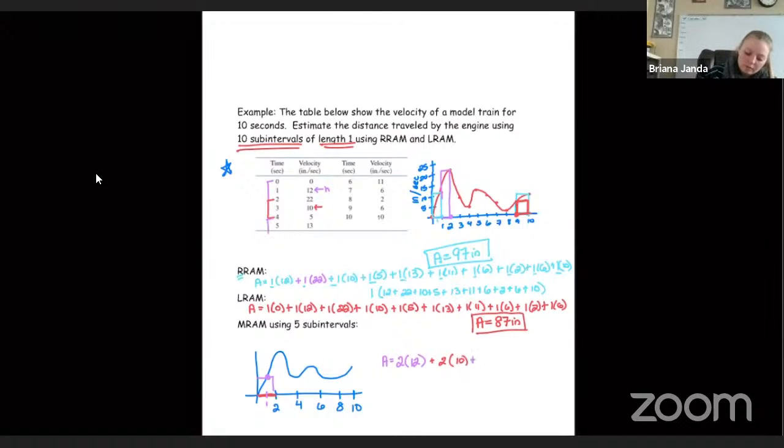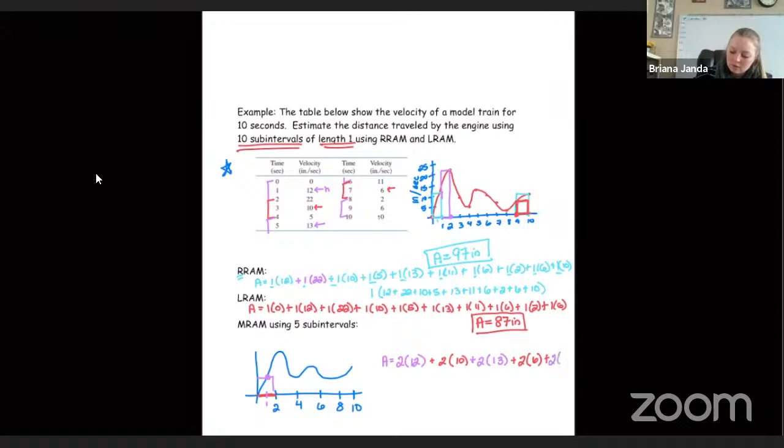Next rectangle goes from 4 to 6. Its midpoint is at 5. So a base of 2, height of 13. Next one goes from 6 to 8. Height would be using the height of 7. So 2 and height of 6. And your last rectangle is going to go from 8 to 10.